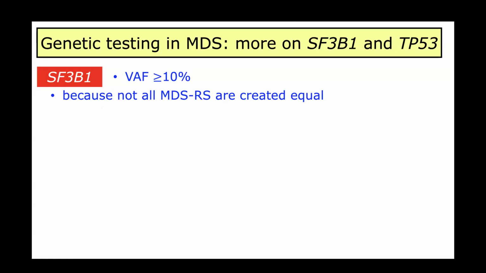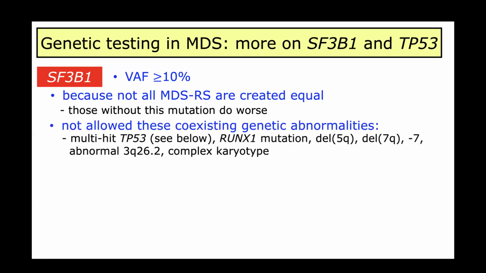By contrast, the other roughly 10% that lack this mutation do not do as well. So that is what underlies the decision to make this a genetically defined rather than a morphologically defined entity in the recent classification schemes. Because, as I mentioned, those without the mutation but with ring sideroblasts do worse and seem to be a biologically different disease.